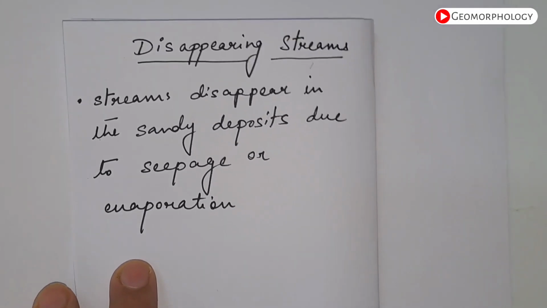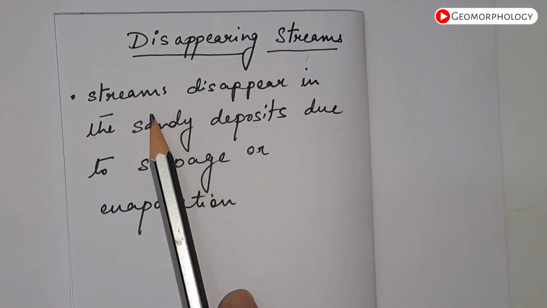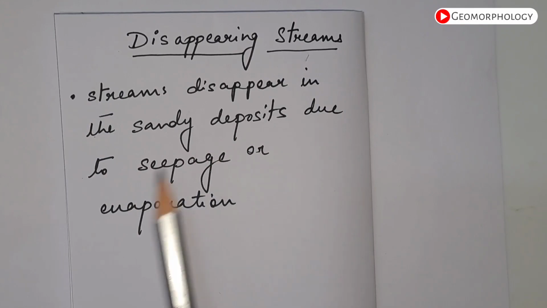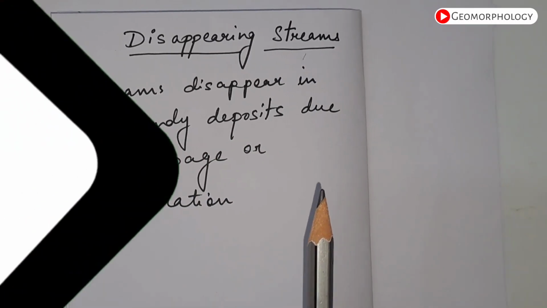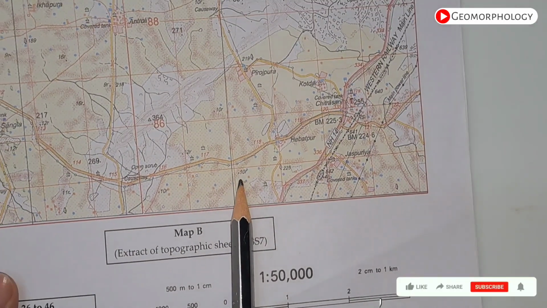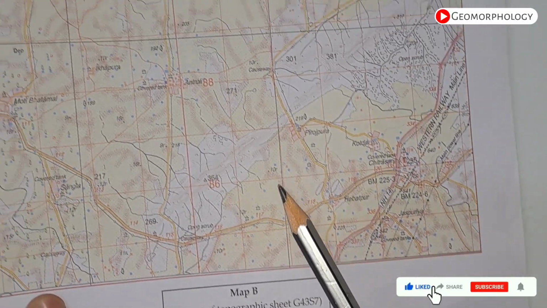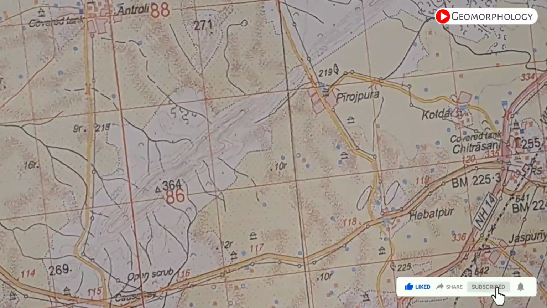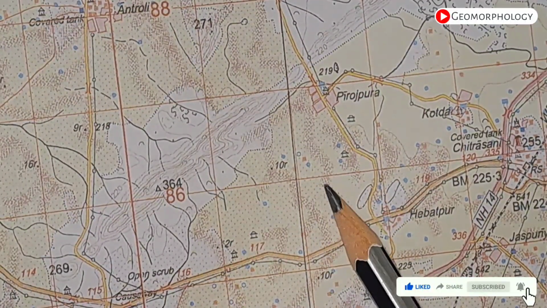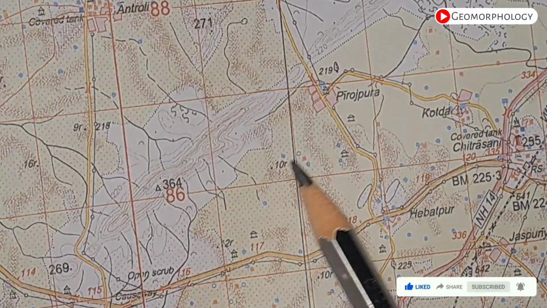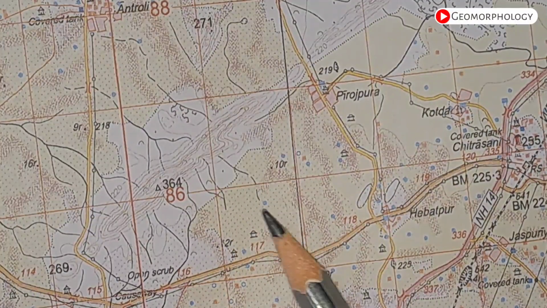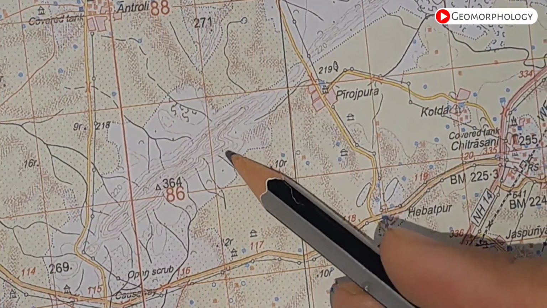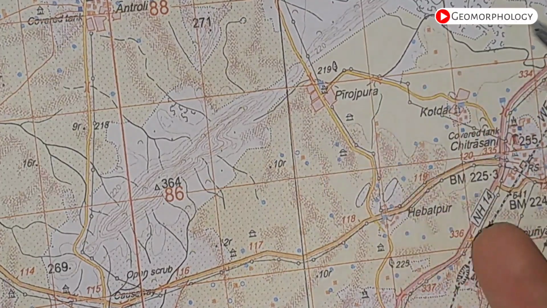What is a disappearing stream? Streams that disappear in the sandy deposit due to seepage or evaporation. Now we'll see here in this map. You will be able to identify several disappearing streams. These dots are showing you the sand dunes, the sandy region. It's the desert. Now this is a stream. They have disappeared.